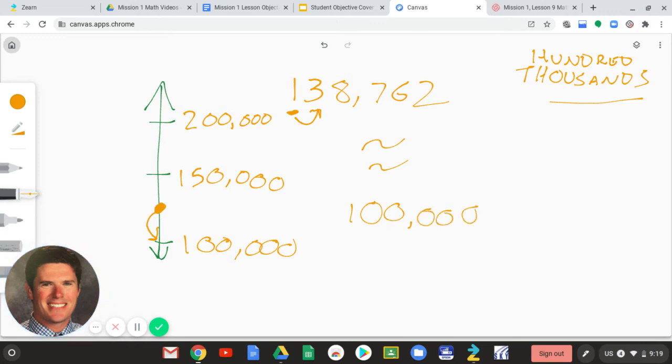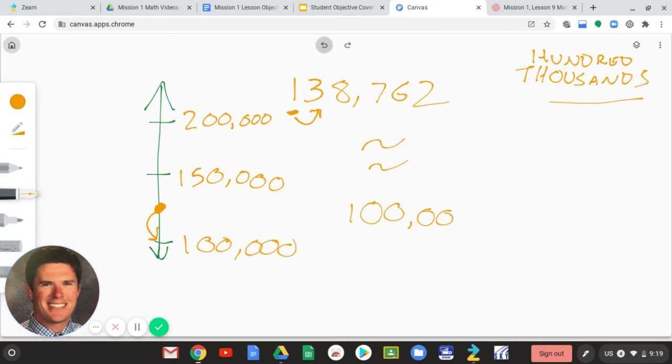What you notice when you're rounding this same number to different place values is that the smaller the place value you round to, the more accurate or close your number will be to the actual number. The greater the place value you round to, the farther away you get from it. With 100,000, we're rounding 138,762 to either 100,000 or 200,000, which can be far from the original number.